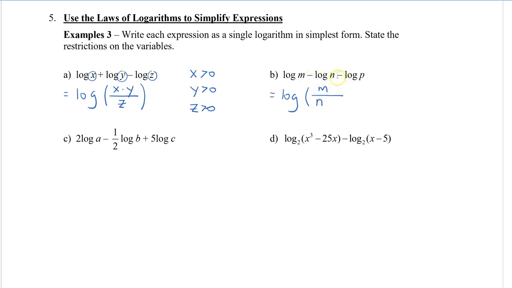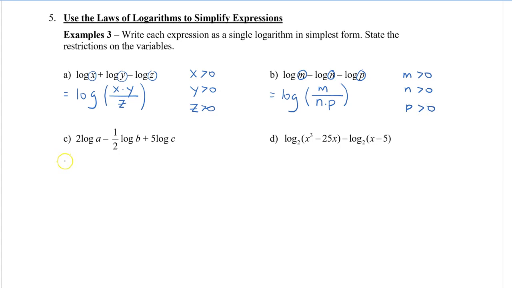Now the second one is also minus log p, so the p value will also be written in the denominator because it's going to be divided. So this is going to be m divided by n times p. And again, there's only one variable in each of these log value expressions. So m is greater than 0, n is greater than 0, and p is also greater than 0.